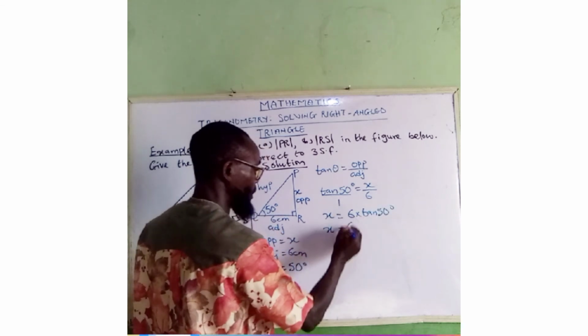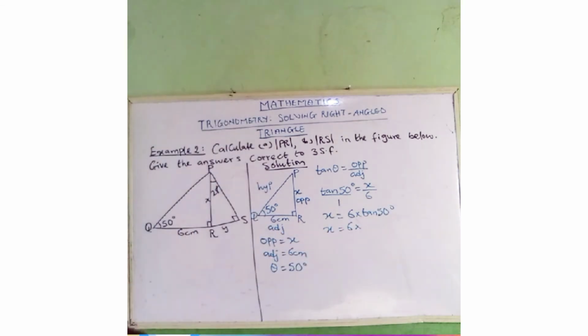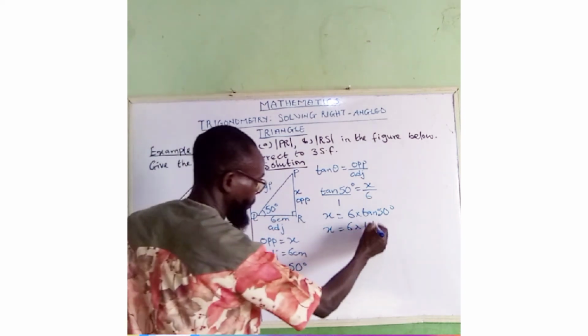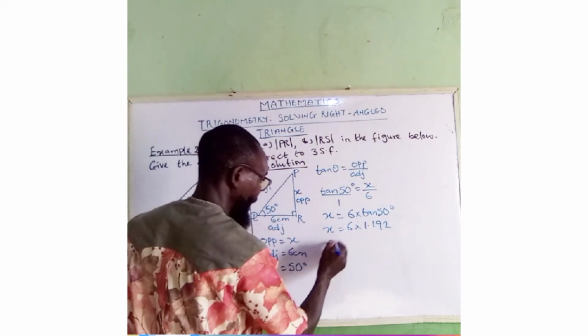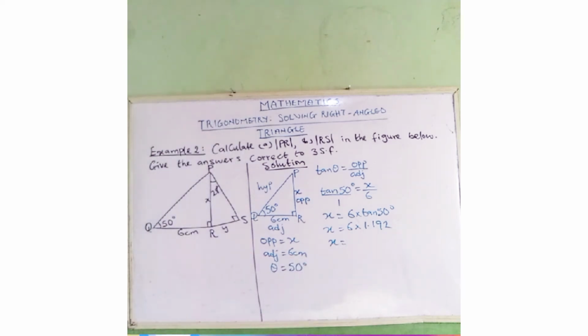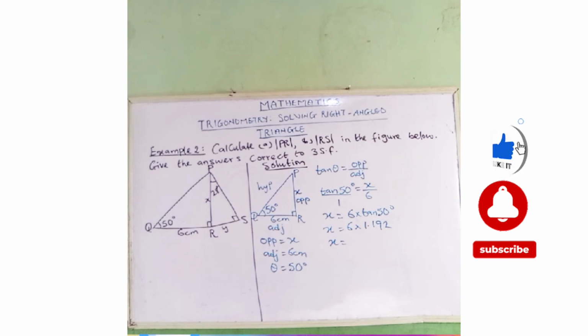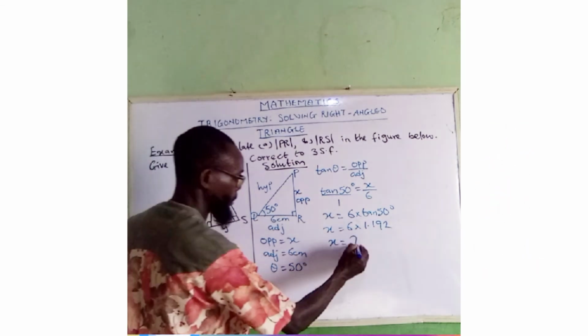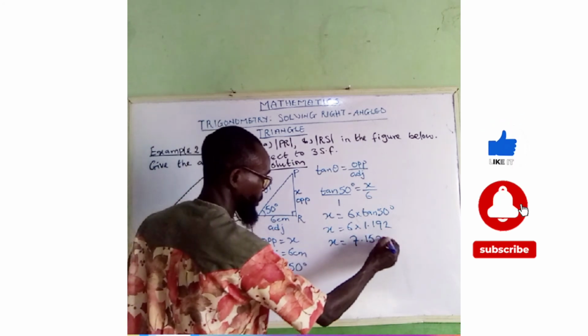So x equals 6 multiplied by tan 50 degrees. Pressing our calculating machine or checking our four figure table for tan 50 degrees, we have the value of tan 50 degrees to be 1.192. So when we multiply 6 by 1.192, it gives us 7.152 centimeters.